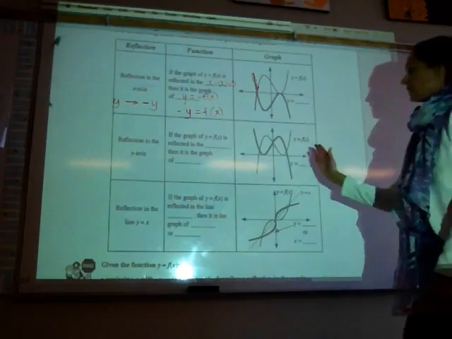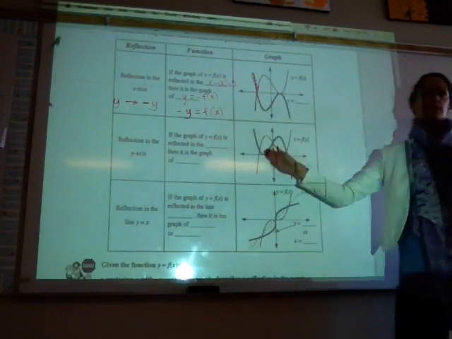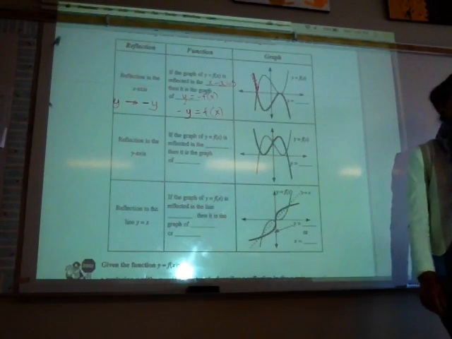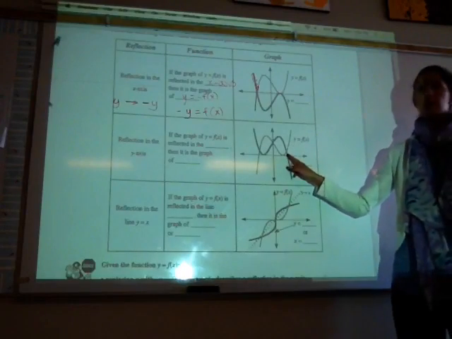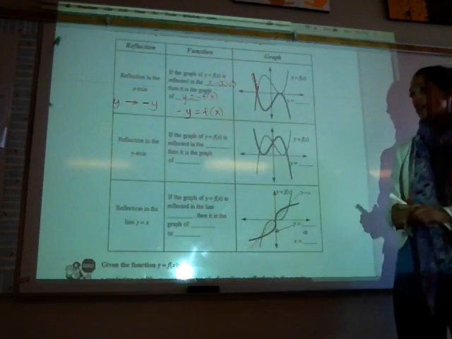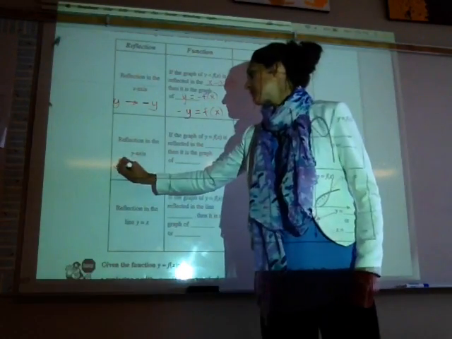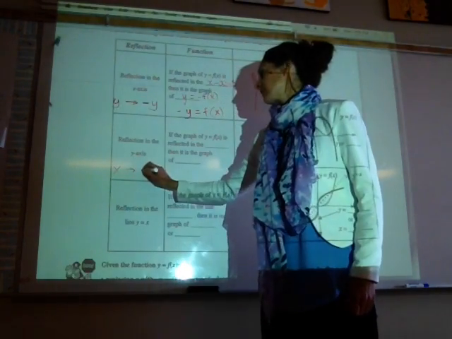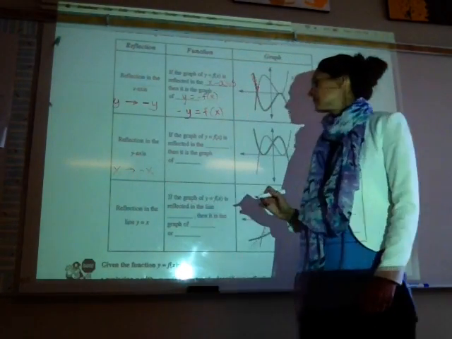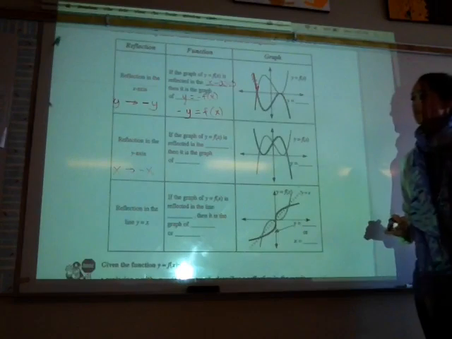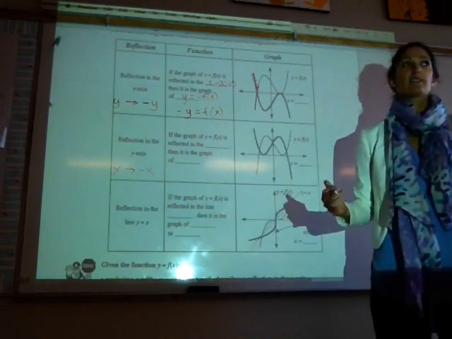Okay, when we're reflecting over the y-axis, which values will change? If x is positive after we reflect it, it's now negative. So you could just write replacement notation: x values become negative x values, or they change sign.